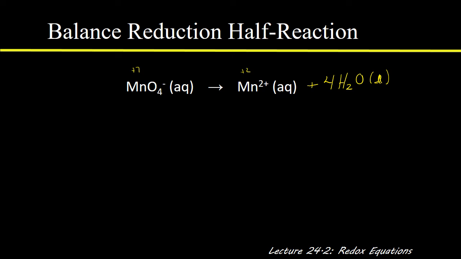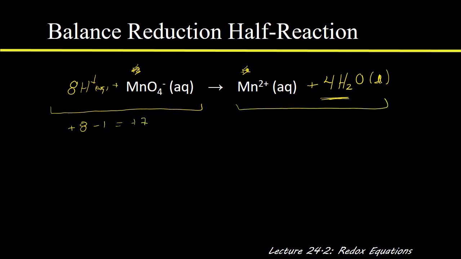Now we have to balance our hydrogens. We've got, again, 8 hydrogens over here. So we'll add 8 hydrogens over here as H+ ions. Okay. And now let's look at our charge, right? Not the oxidation numbers, but the total charge. We've got +8 and -1 is +7.